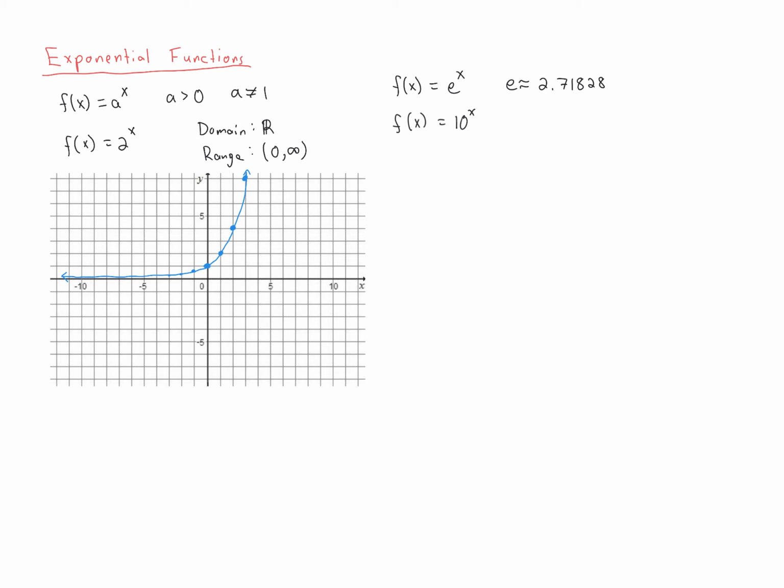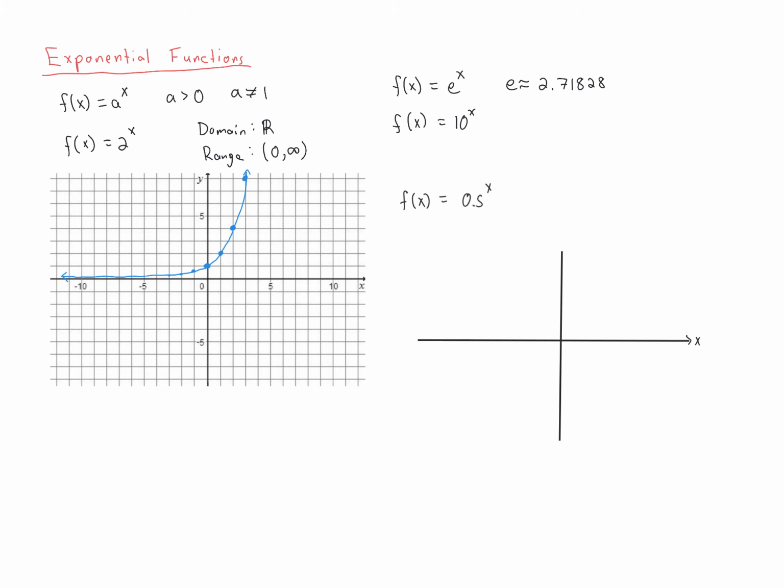We can also have bases that are much smaller. Only positive numbers, remember, but we could, if we wanted to, look at f of x equals 0.5 to the x power. It's the same as 1/2 to the x. And we get a graph that looks a little bit different when our base is less than 1.